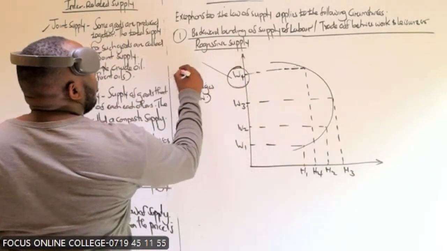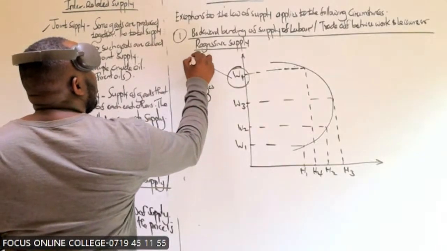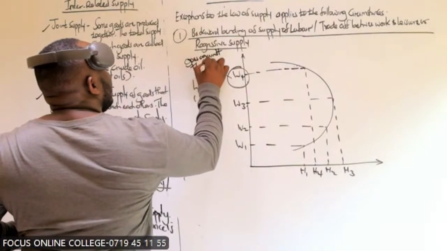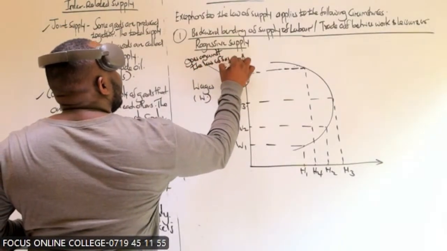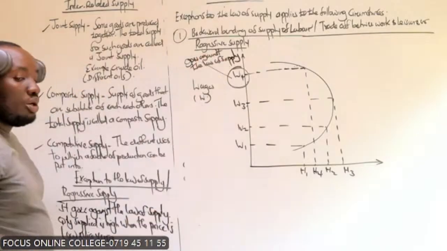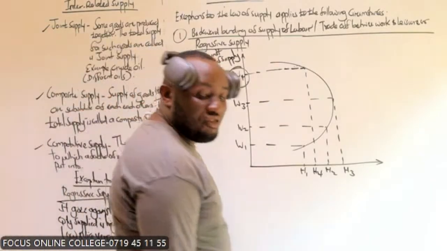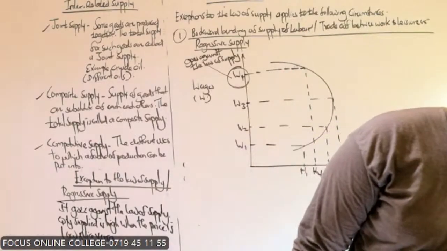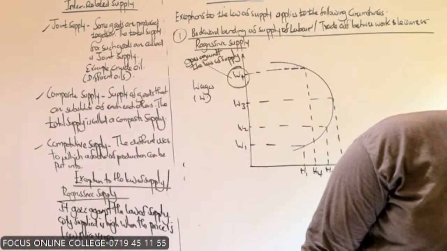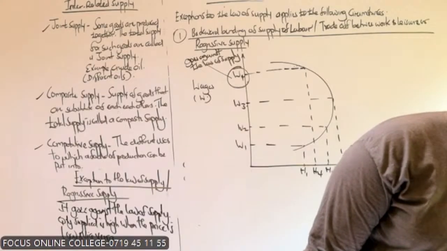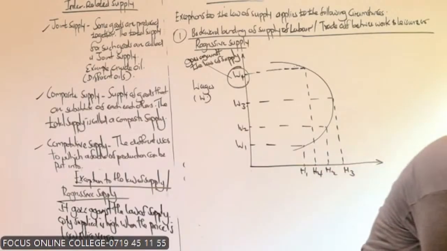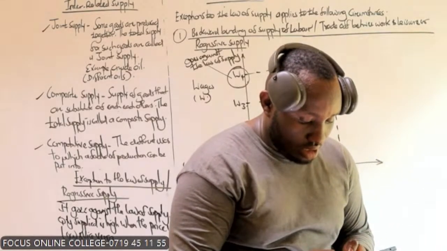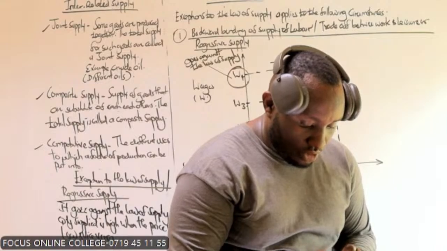And this basically goes against what we call the law of supply. This one definitely goes against the law of supply. Wage 4 goes against the law of supply.